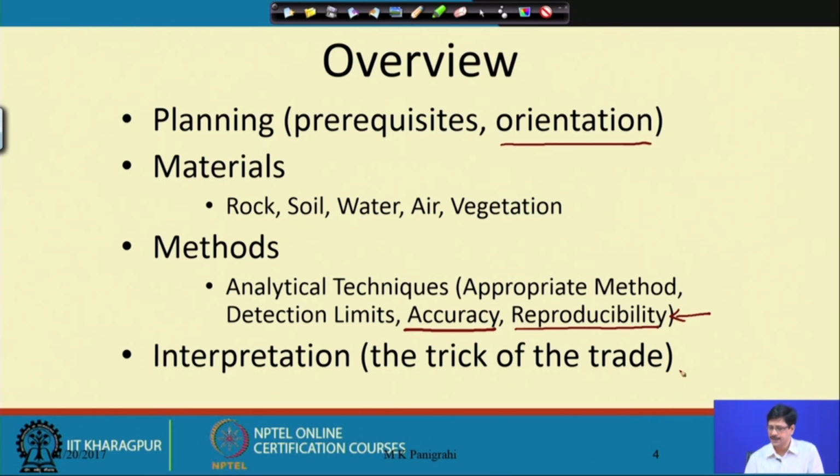Say in a rock we analyze for copper, and we report that copper is present at 50 ppm, and we have to give the figure as to plus minus what. Plus minus 0.5 ppm possibly would make it a very good analysis, or I can also put it in terms of 5%, 2% or 1%. This is all determined by regular routine analytical protocols, and the interpretation of the chemical data when translated into the form of a geochemical anomaly is actually the trick of the trade.